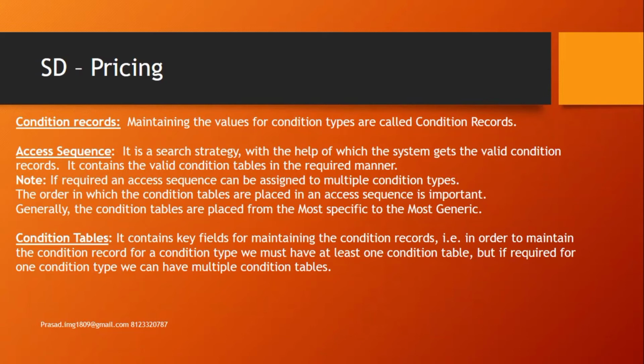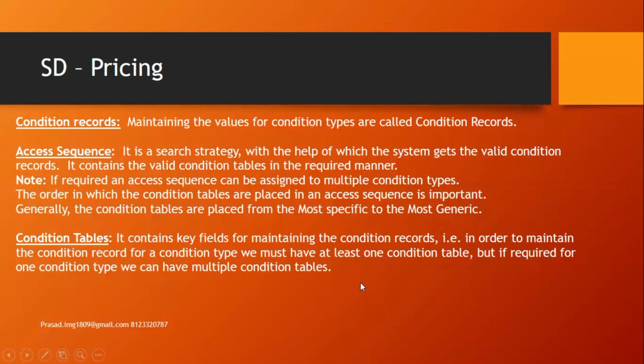Pricing condition technique comprises condition tables, access sequences, condition types, and condition records, along with the pricing procedure. Unless all these factors are involved, we cannot call it a condition technique. Now, condition records: maintaining the values for condition types is called condition records.